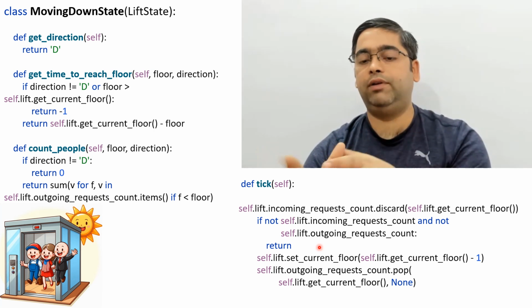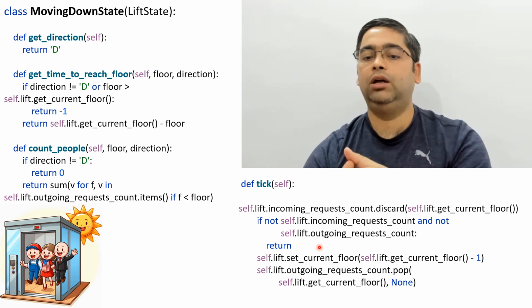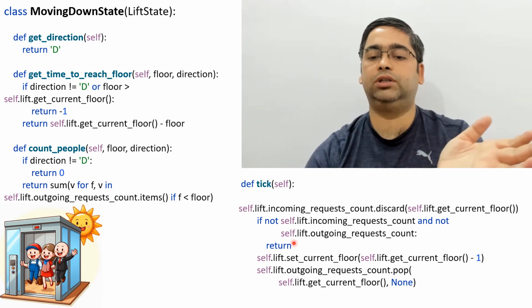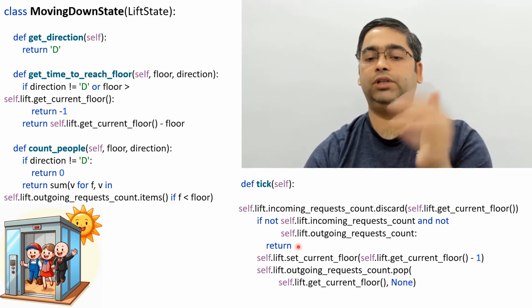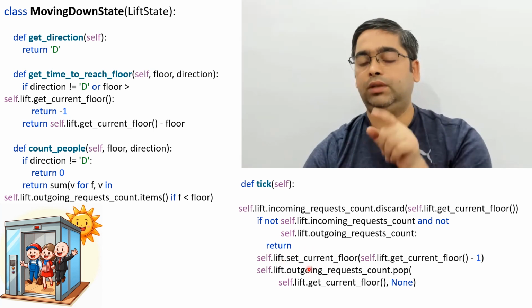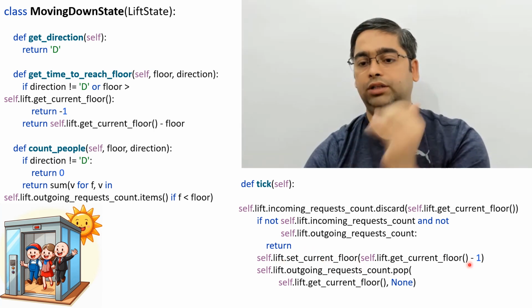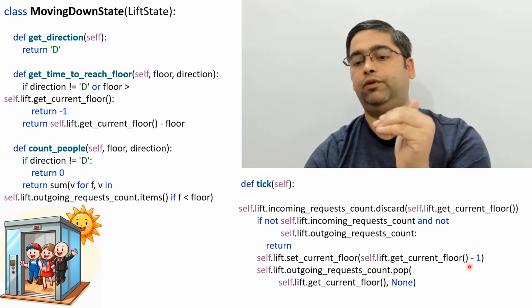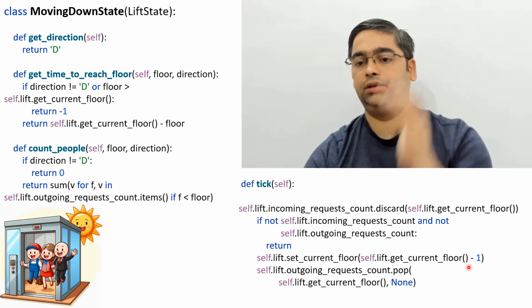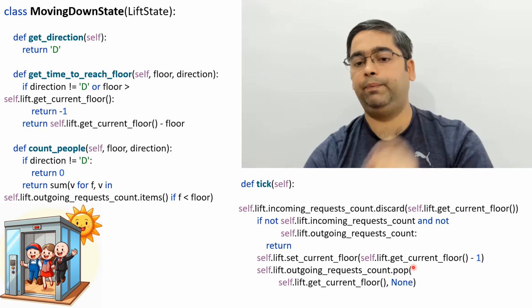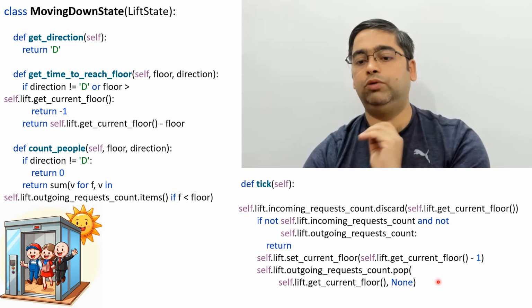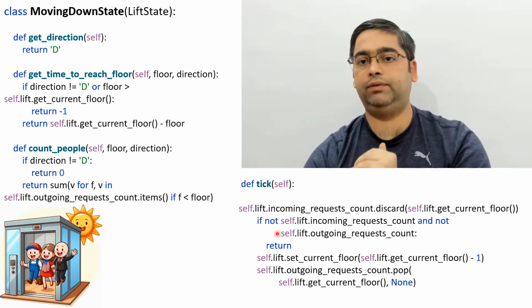As soon as everyone moves out of the lift and there are no more incoming requests, the lift becomes idle, so it has to change its state, so it simply returns, and the lift class will change the state. If that is not the case, the current floor is reduced by 1. So if it was floor 4, now it has become floor 3. It has gone down 1 floor, and then all the people who have to move out are moved out of the lift.